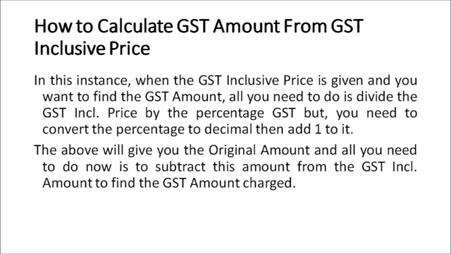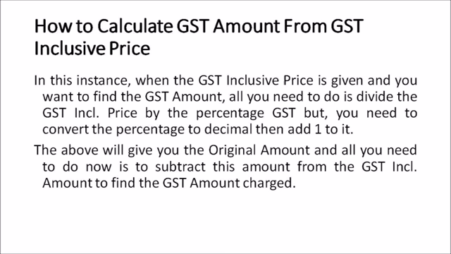So in this instance, when the GST inclusive price is given and you want to find the GST amount, all you need to do is divide the GST inclusive price by the percentage GST, but you need to convert the percentage to decimal, then add 1 to it, as we did previously, right? We were multiplying in order to charge the GST amount to get to the GST inclusive price. Now in this example, we are going back, we are trying to find the GST exclusive price, right?